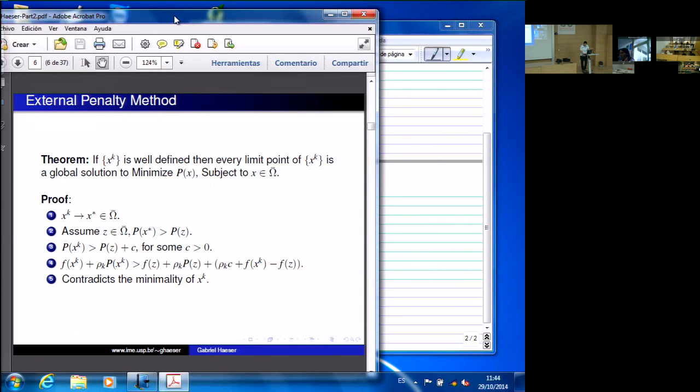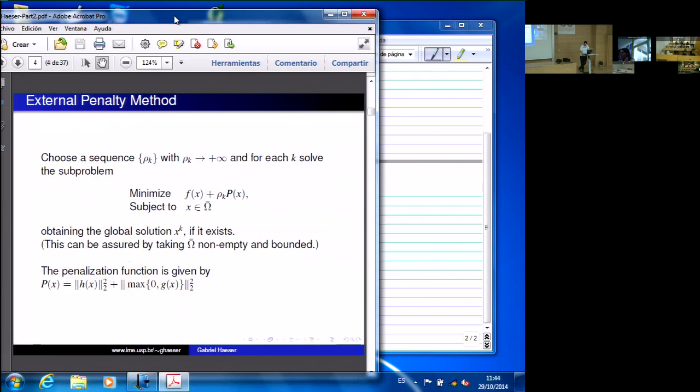Note that in this algorithm, the iteration, the point xk plus 1 does not depend on the point xk. So in fact, for each k, you can simply find xk, and it does not depend on the previous ones. So this is done simply because in implementation, it is easier if you use xk as an initial approximation for the solution of the next problem.